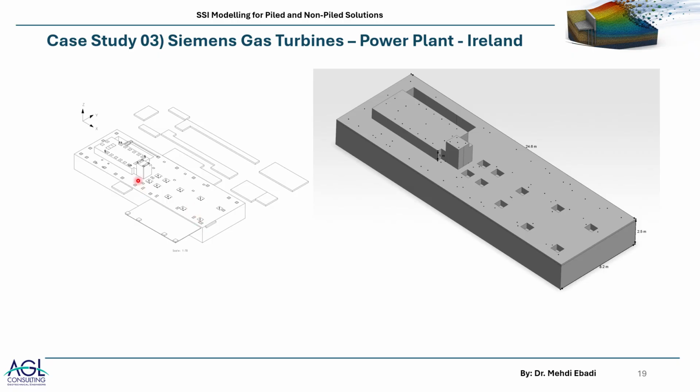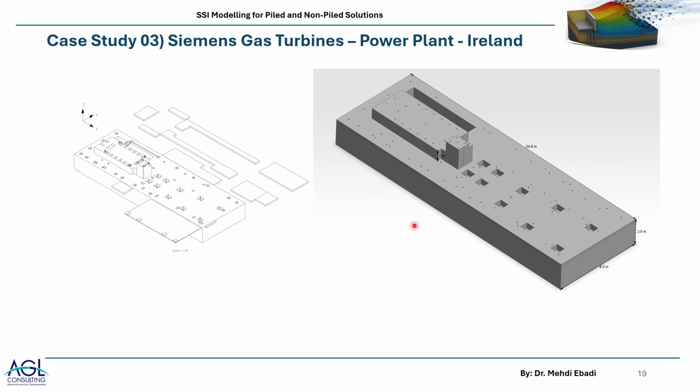Okay, the turbines will be supported by this foundation on the left. This figure on the left is from the drawings provided to us originally by Siemens, and the other parts are light utility elements that are to be supported at the sides of the main foundation.